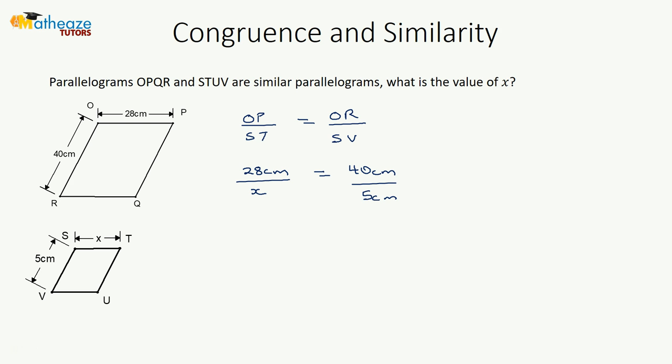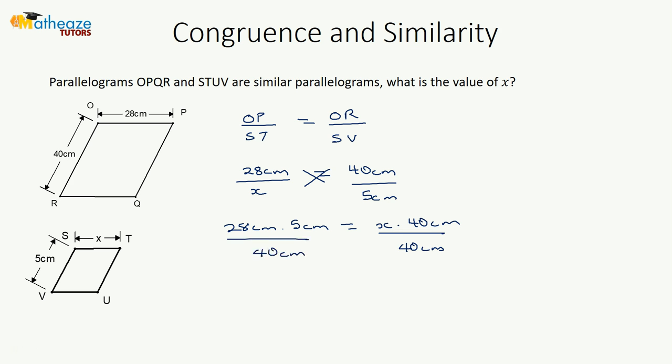So now we're going to perform a cross multiplication here. So 28 centimeters multiplied by 5 centimeters equal to X multiplied by 40 centimeters. Now we're going to divide both sides by 40 centimeters.